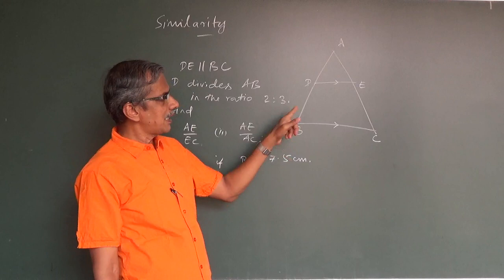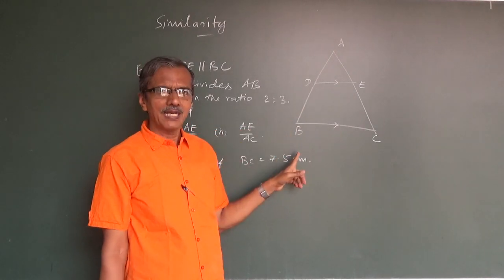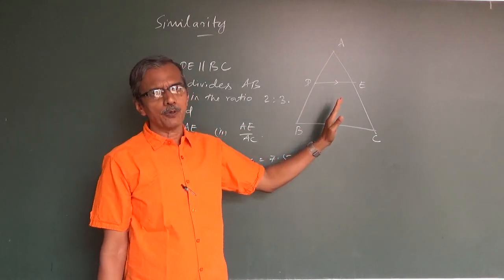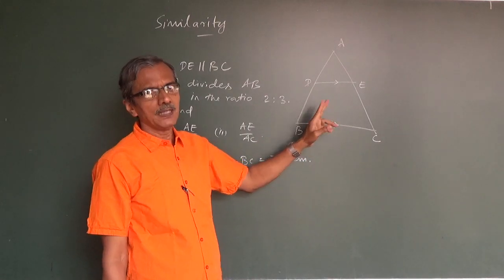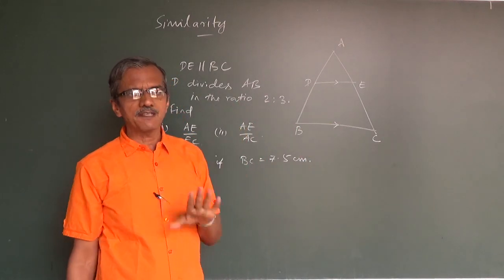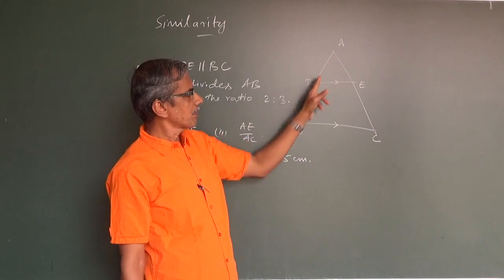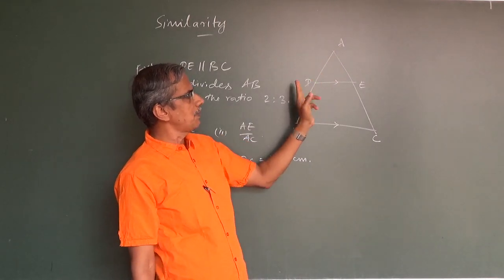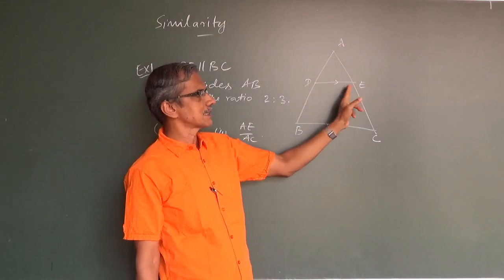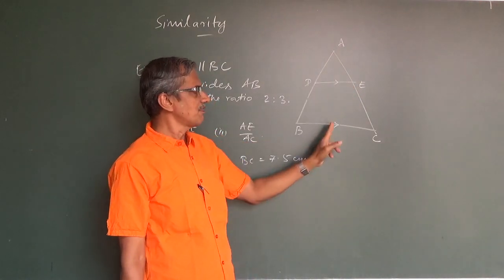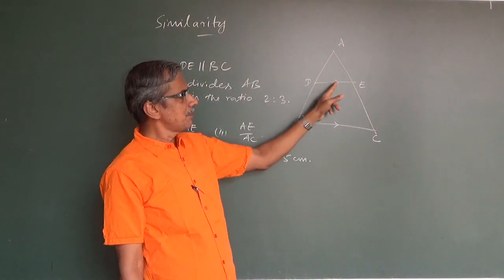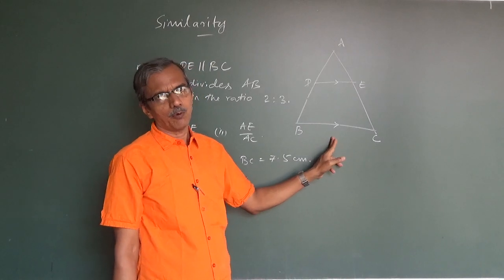So that is why I want you to use similarity and not basic proportionality in this kind of problems. You have to specifically remember that basic proportionality is applicable only for these two sides, and not for the base. For the base, similarity is what is applicable.